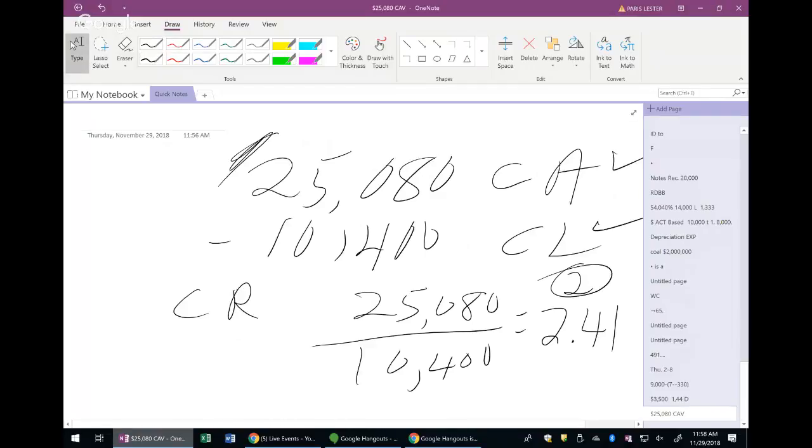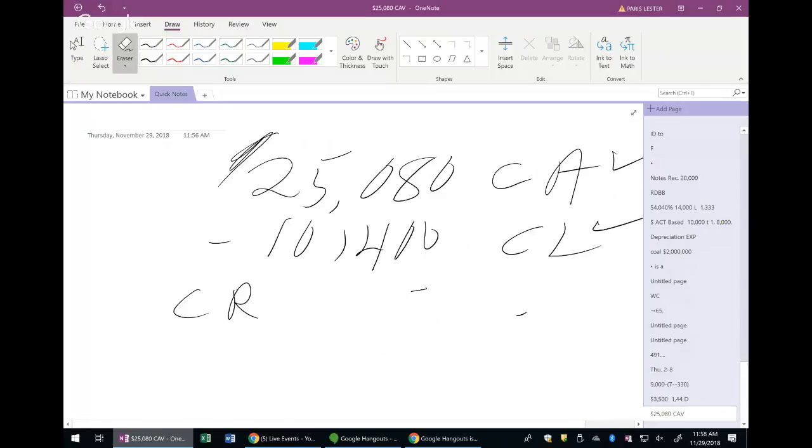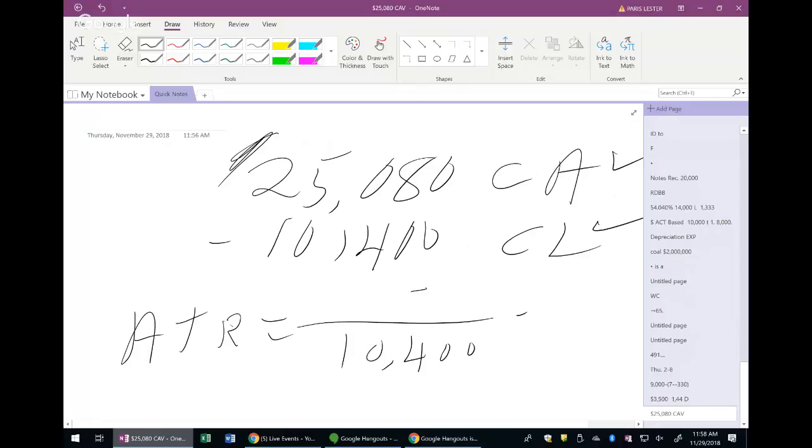Now, the next ratio is the acid test ratio. And you still use the current liabilities, don't you? But you divide that into what? Your quick assets. What are your quick assets? Cash and what else?